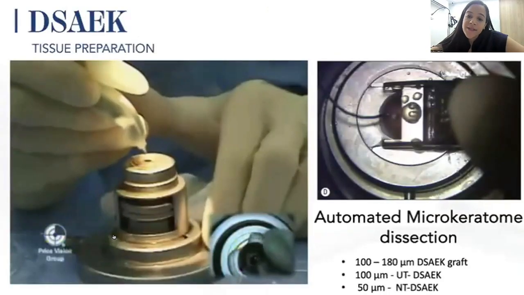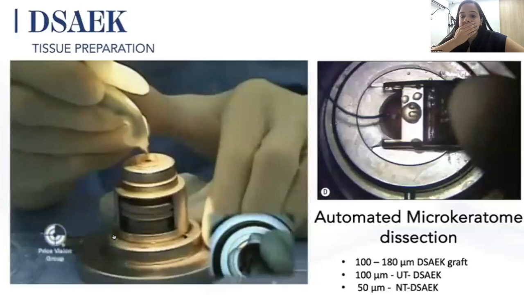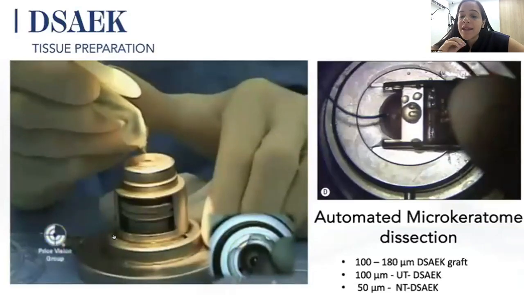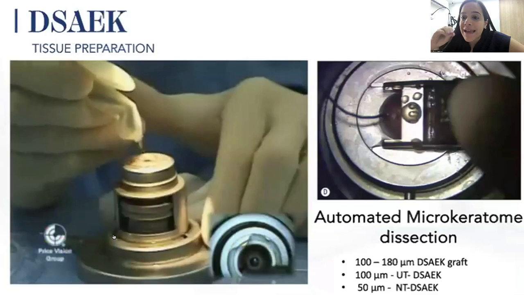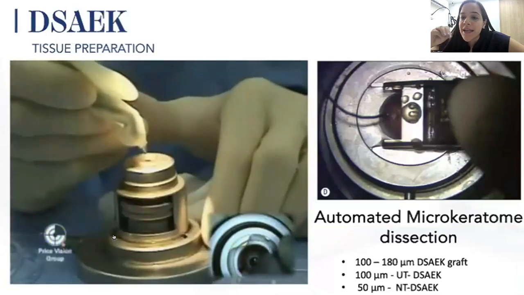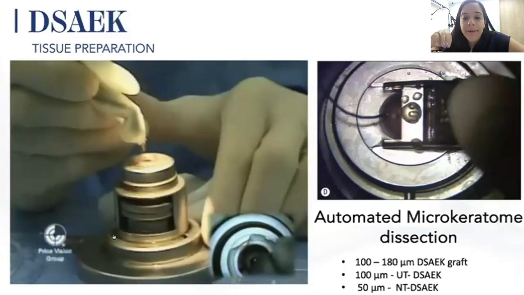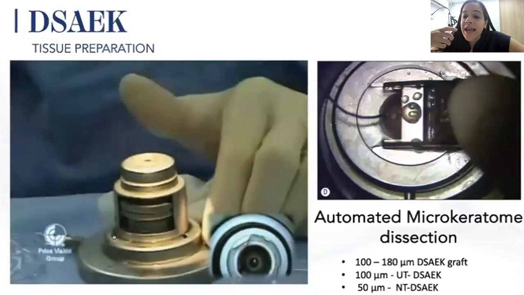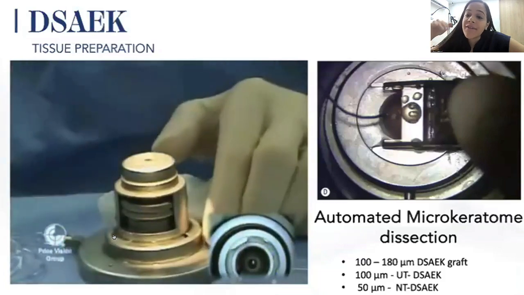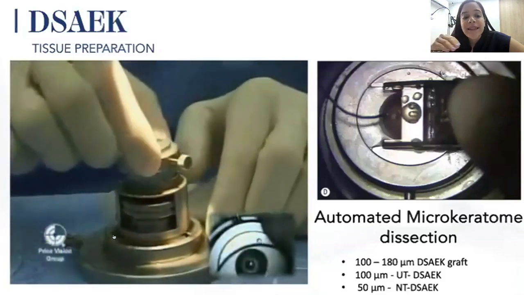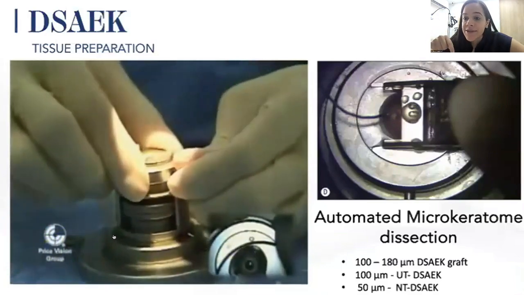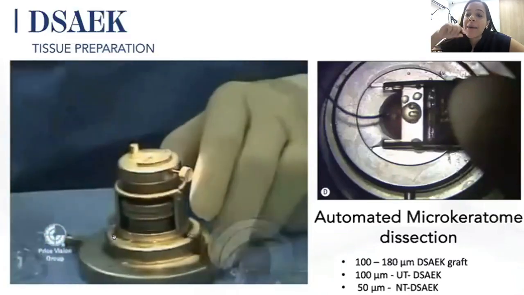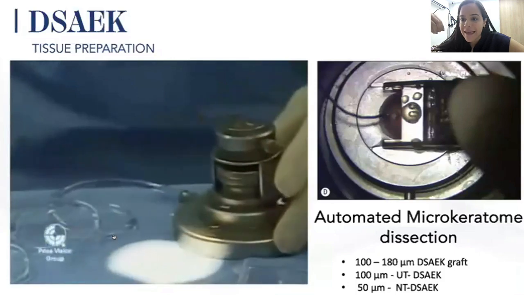Starting with the preparation of the donor cornea, it is performed with the assistance of an automated microkeratome by eye banks. They take the corneal scleral rim and mount it onto the artificial anterior chamber, which is filled with BSS to protect the endothelium. Afterwards, they measure the pachymetry of that cornea to decide the appropriate microkeratome blade thickness.